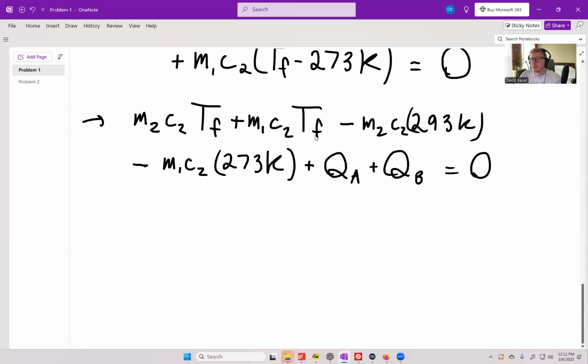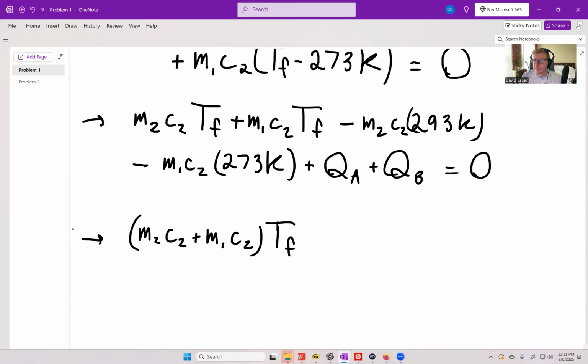Then I'm trying to isolate T final, so everything that doesn't depend on T final I can move over to the right-hand side, and I can factor out the T final on the left here.